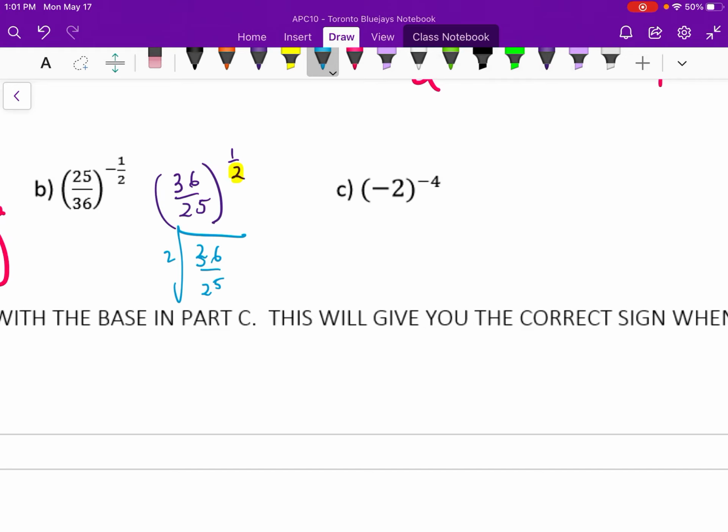What is the square root of 36 over 25? Don't panic, because the square root is an exponent, so really you can apply it to the numerator and the denominator independently, and you get 6/5.